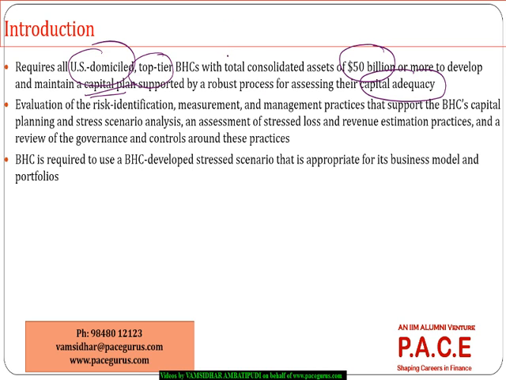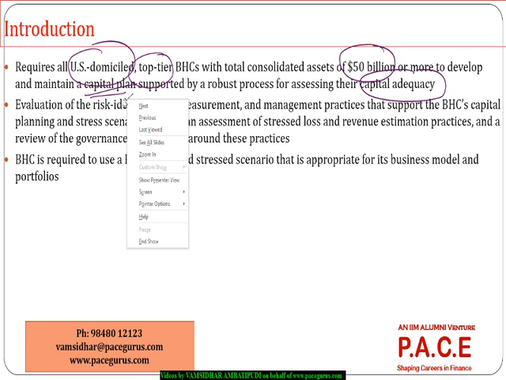So they have to have a well supported, well documented capital plan and a process which really assesses their capital adequacy. They have to take into consideration the various aspects of risk management.